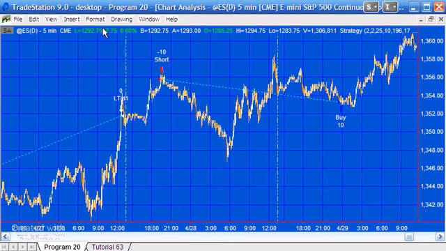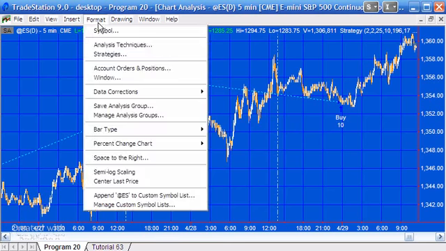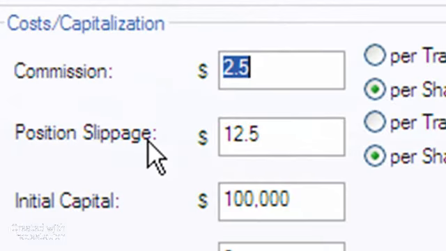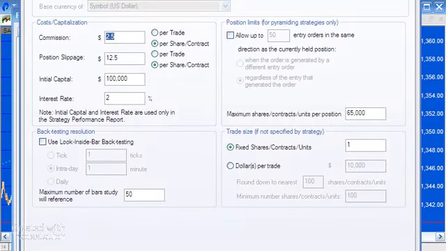Okay, so I did an initial optimization, and firstly looking at strategies just to show you what my commission and position slippage settings were. $2.50 per share for commission and $12.50 per contract for position slippage.